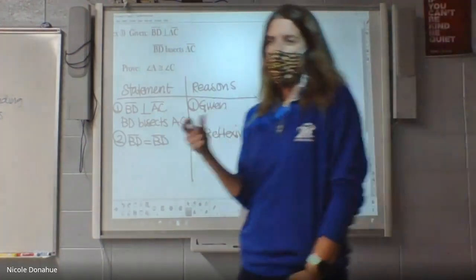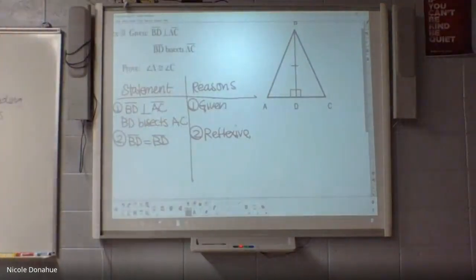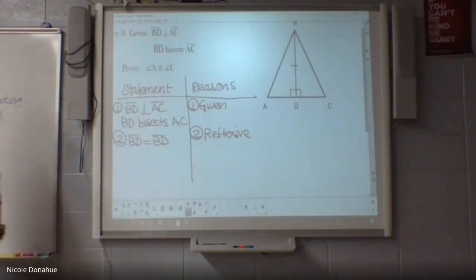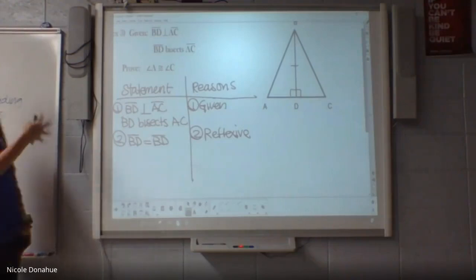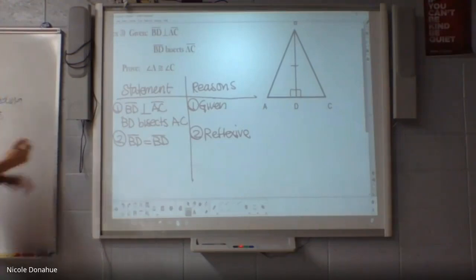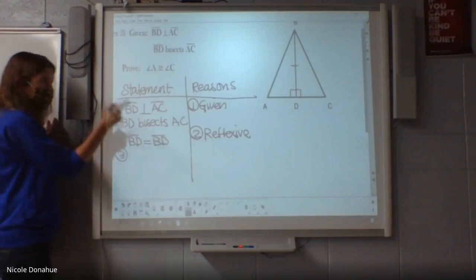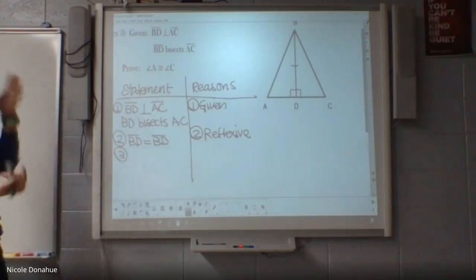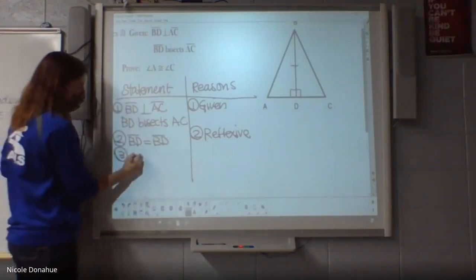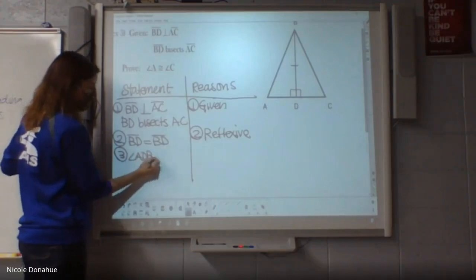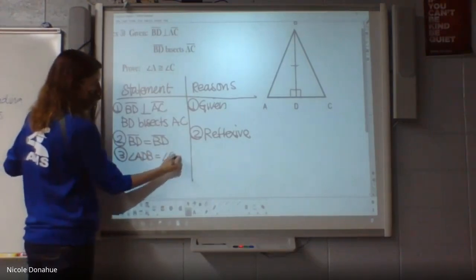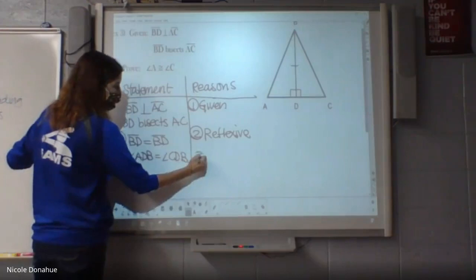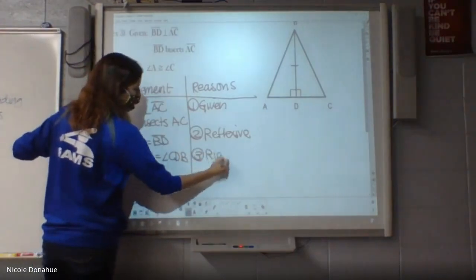Now, this is one of the things I didn't do a good job of explaining yesterday. If they're right angles, what has to be true about those angles? They have to be equal, right? They're both 90-degree angles. So I do want to mention in our proof that angle ADB better equal angle CDB because they're right angles.